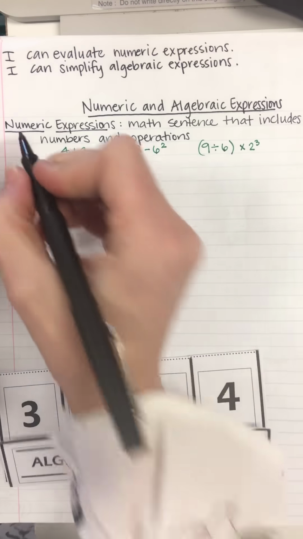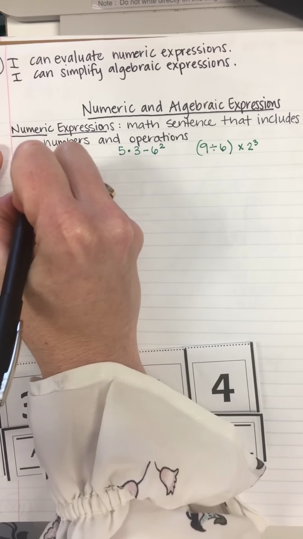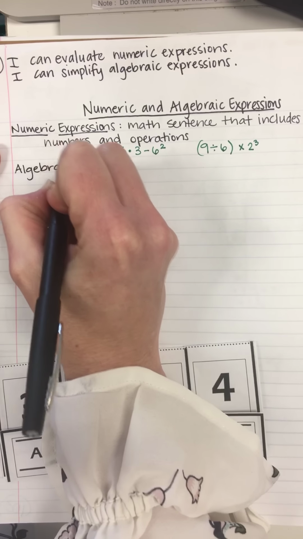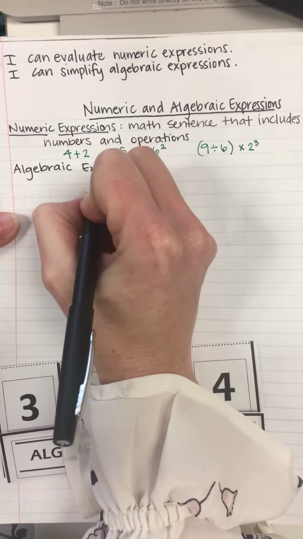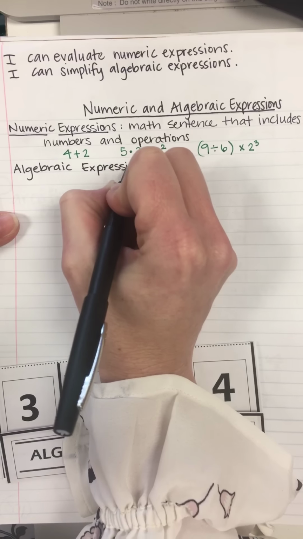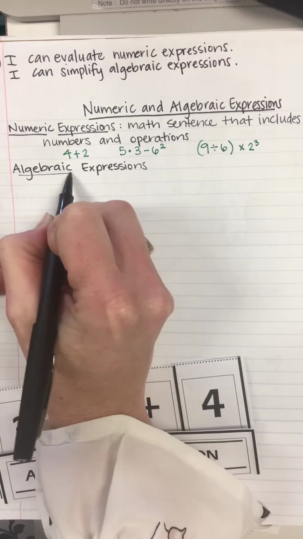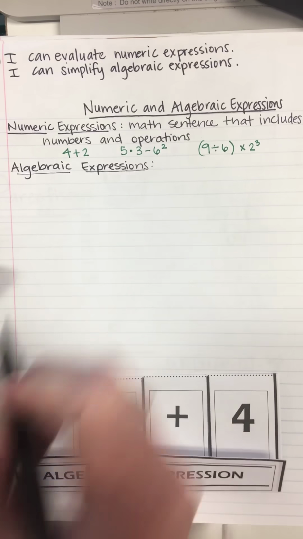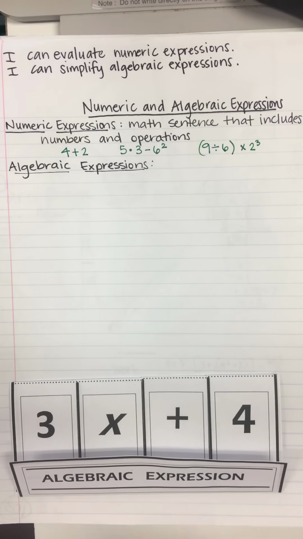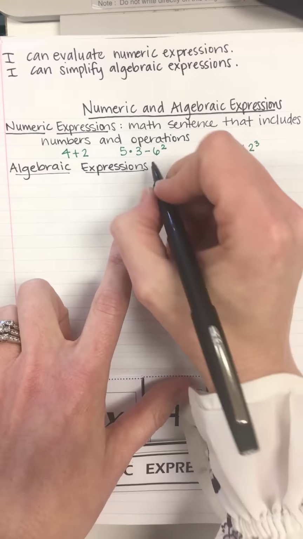So those are just some examples of numeric expressions. So today we're going to be talking specifically about algebraic expressions. So I'm going to give you just a chance to write this down as well. Algebraic expressions. The root word here is algebra.